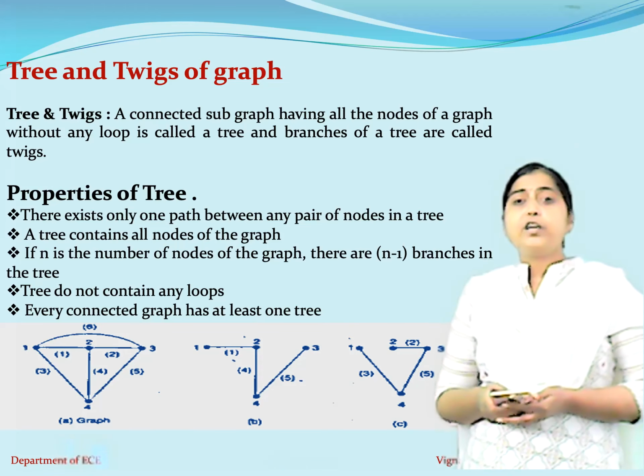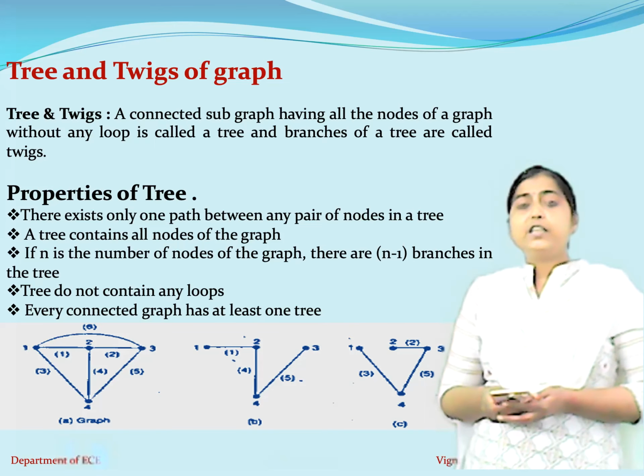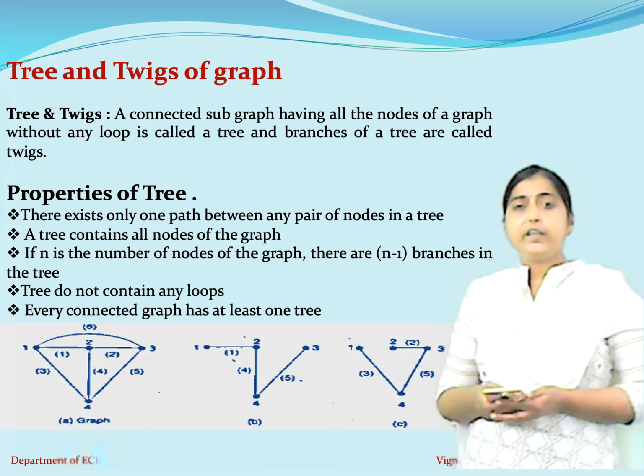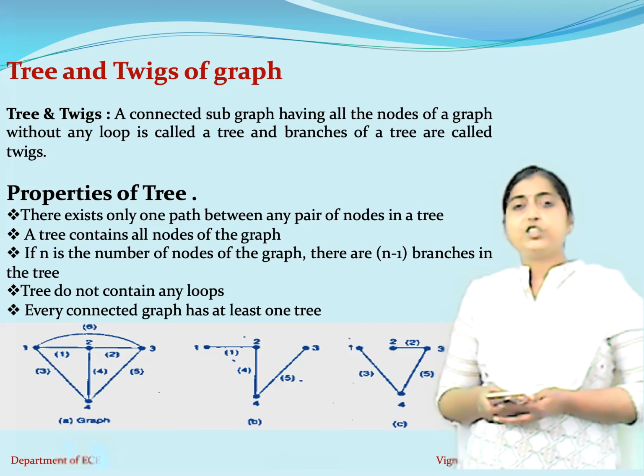In order to draw the tree, the closed loop has to be made open. This is one loop. 3 branches are associated with it. From these 3 branches, I will remove one branch, then this loop will become open.